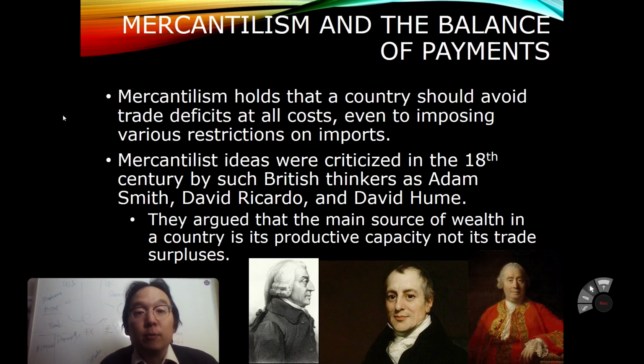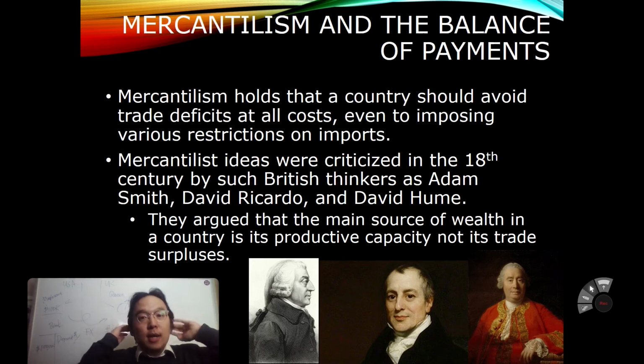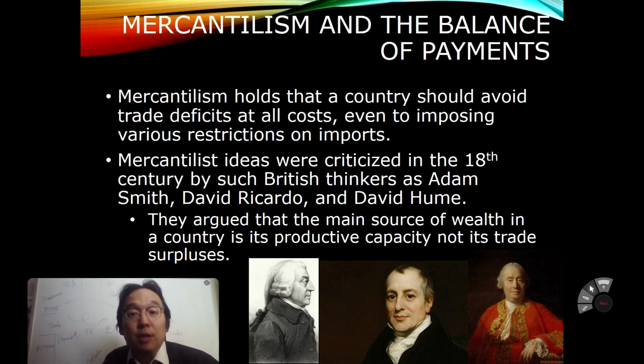Mercantilism, in Korean terminology, is 중상주의. It holds that a country should avoid a trade deficit at all costs, even imposing various restrictions on imports. We call it a beggar-thy-neighbor policy.